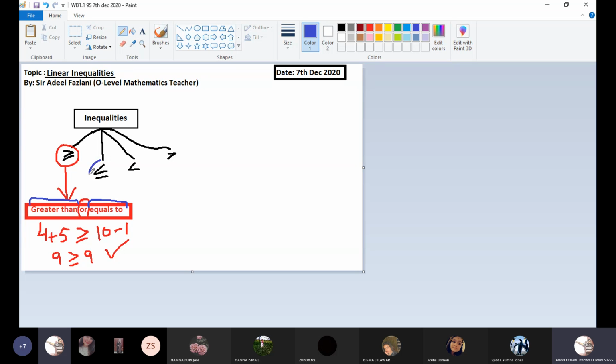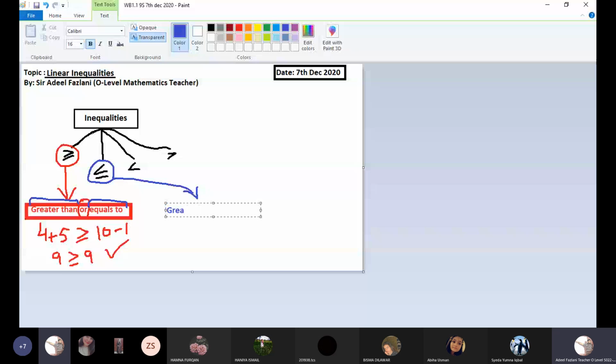Now this time it is less than or equals to.